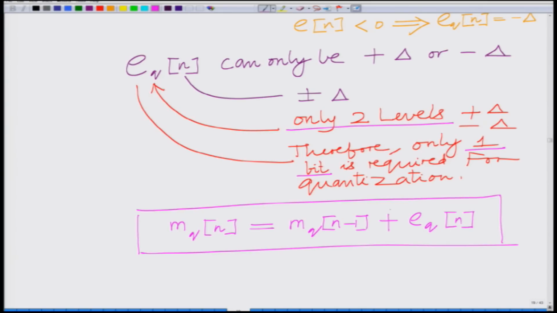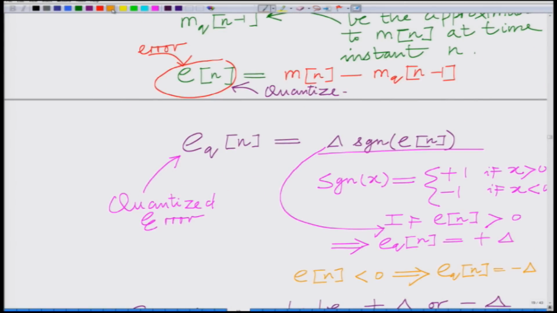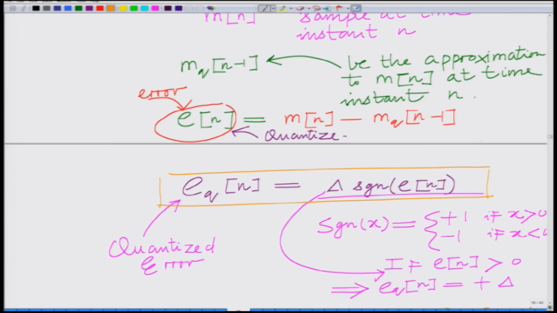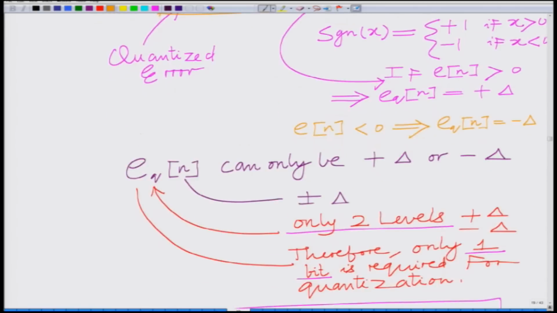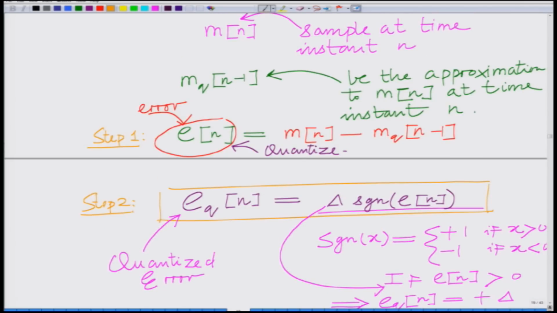So, this is the key step. We can number the steps. Step 1, we compute the difference. Step 2, quantize the difference.